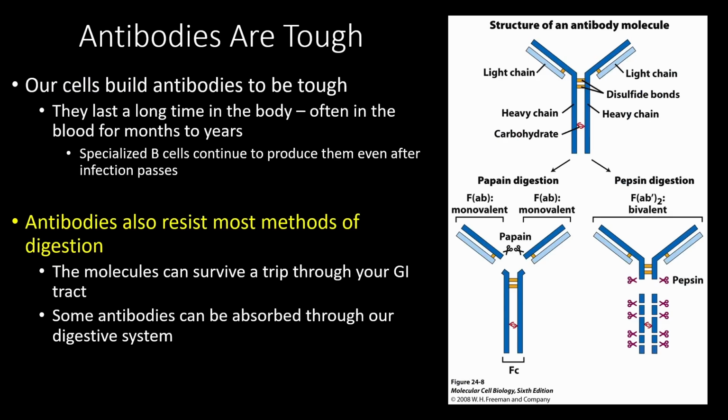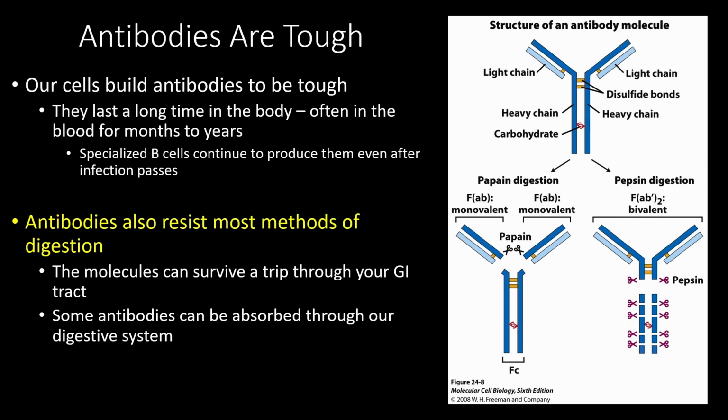Antibodies are also really tough. They're kind of made to last. So when we make these antibodies, they can survive in the blood for a long time, months to years sometimes. And again, you have these specialized B cells that will continue to produce these antibodies, at least in small quantities, for a long time, even after that infection has passed.